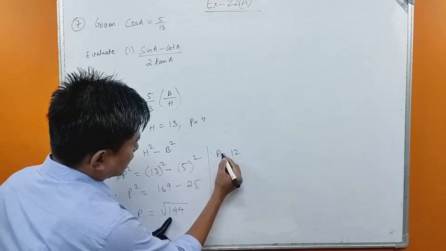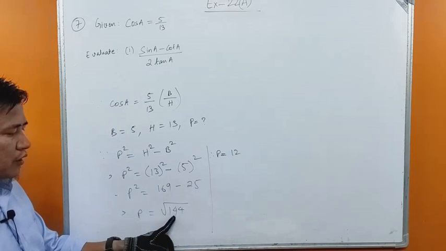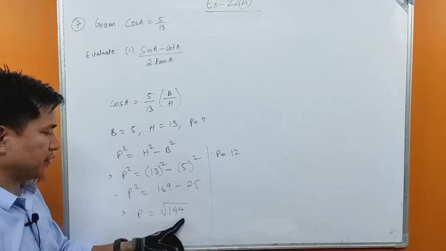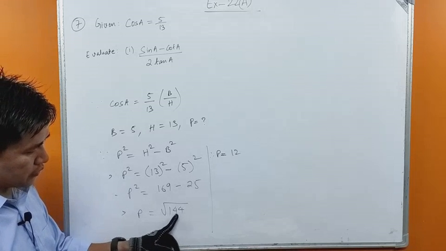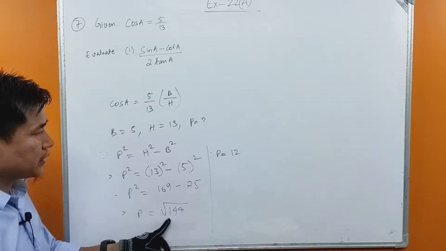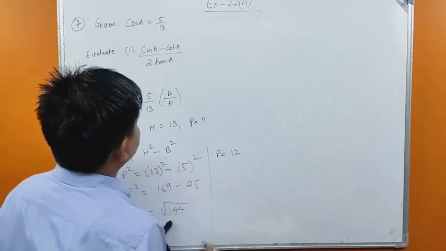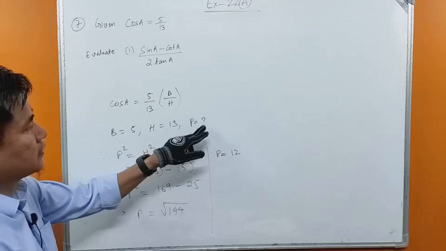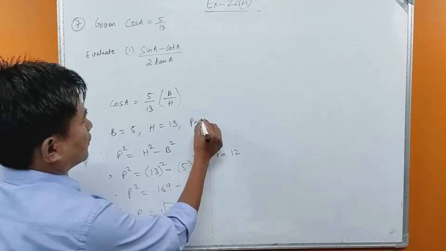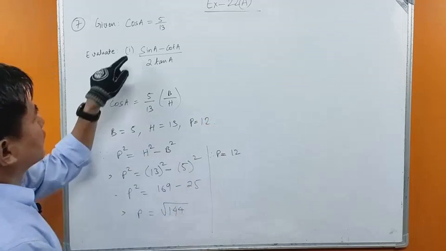Because 12 into 12 gives us 144. So we make a pair of 12 and free from the root. So p is 12 units. So we found p is 12. Now let us find the value of this expression.